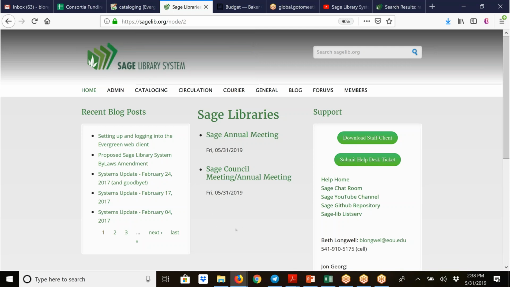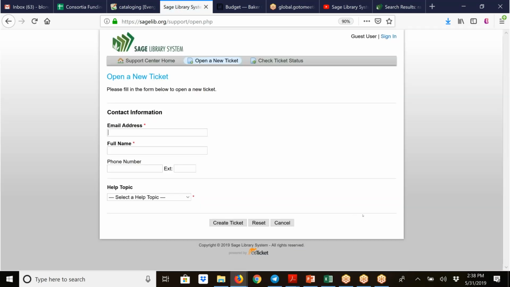Okay. So once you log into the Sage Lib website, the Submit Help Desk ticket is over here on the right-hand side. There we go.